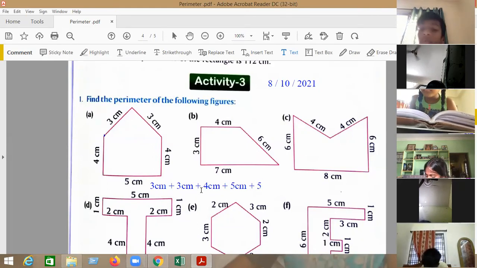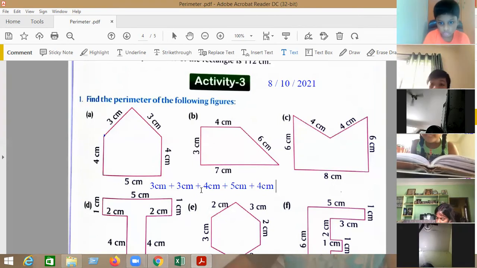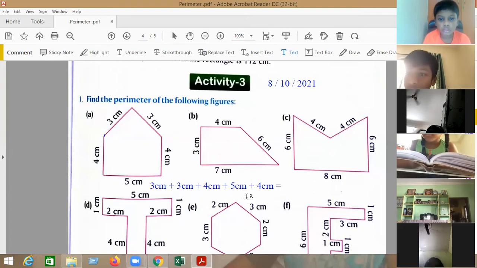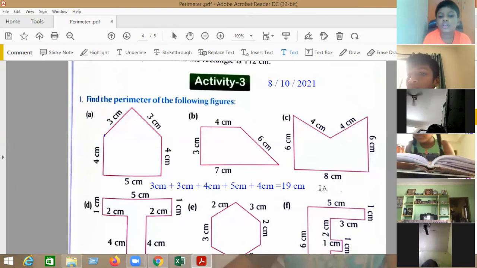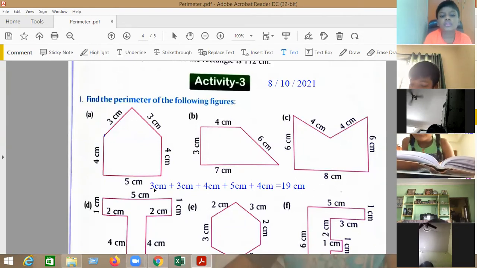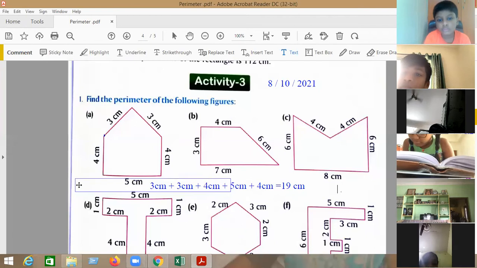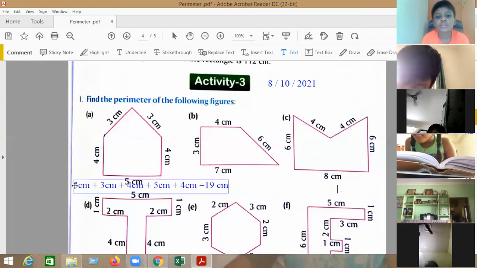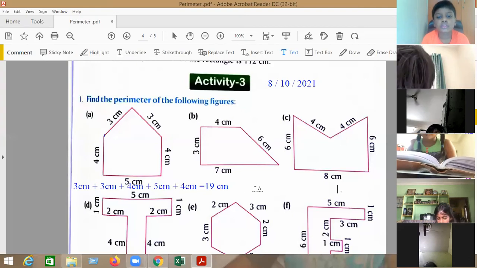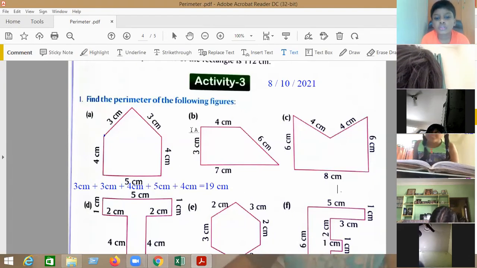How much, children? 19 centimeters. Very good. Children, in the same way you should do now. Can we write inside the box?